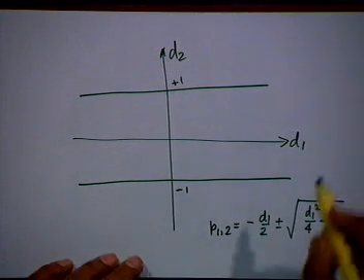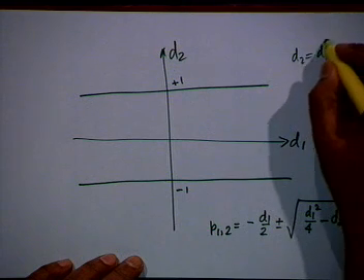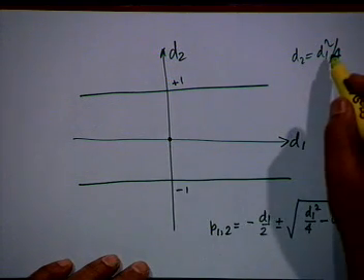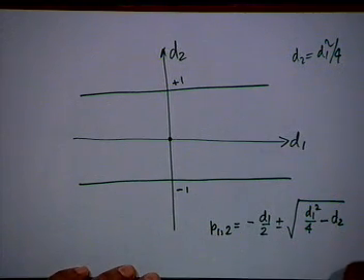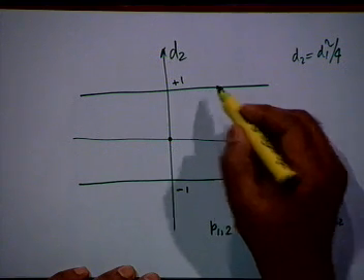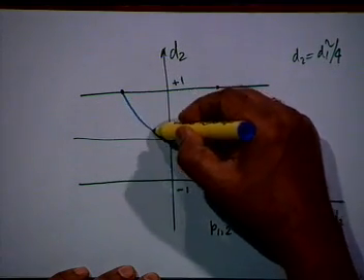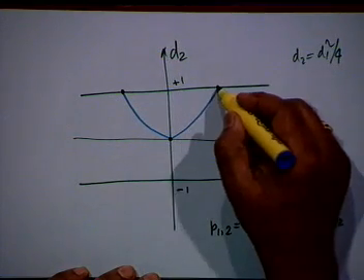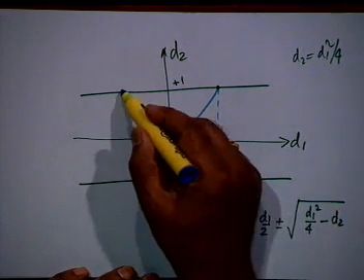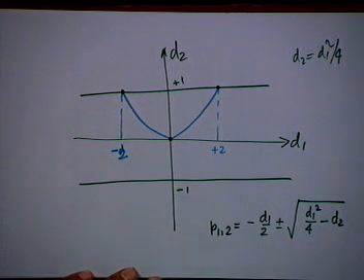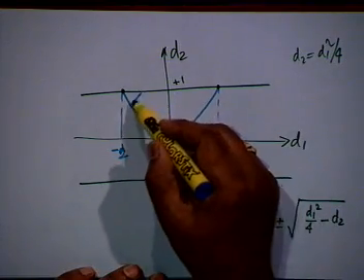Therefore, if we go back to this slide, d2 equal to d1 square by 4 is a parabola. When d1 is 0, d2 is 0. When d1 is plus 2 or minus 2, it is equal to plus 1. Therefore, these are 2 points, and you can draw the parabola through this, where this is plus 2 and this is minus 2. Therefore, if the roots are complex, then they should be contained in this cup.